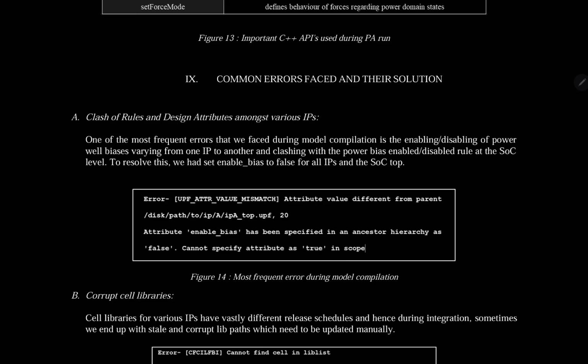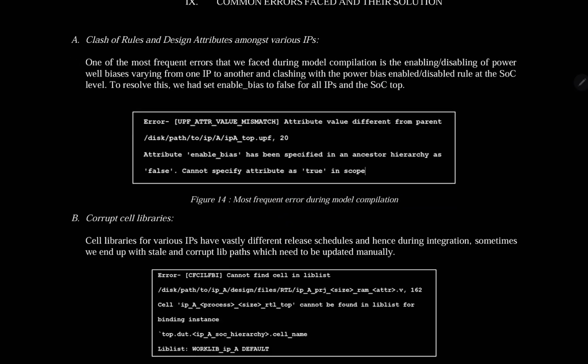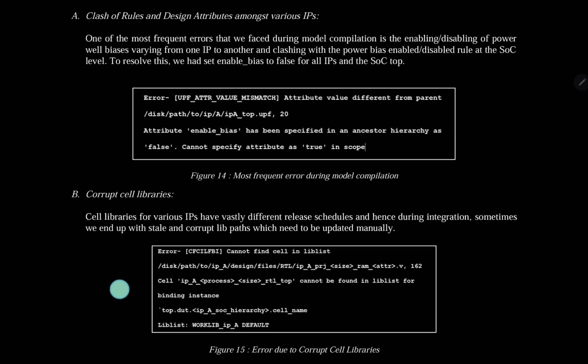To resolve this, we set enable_bias to force for all IPs and the SoC top. Figure 14 is the most frequent error during model compilation.